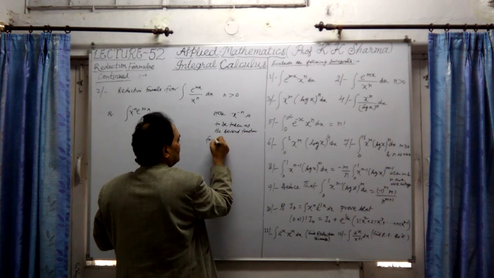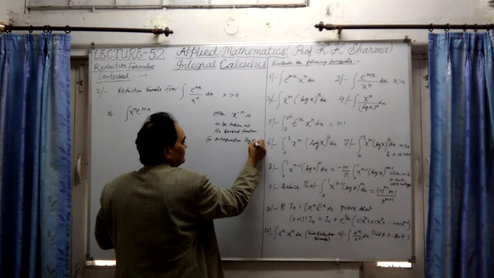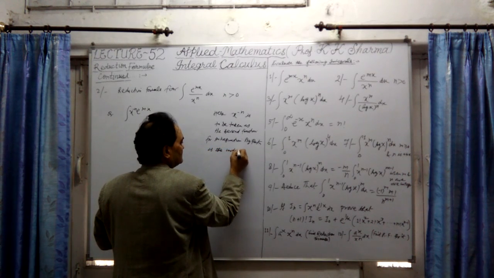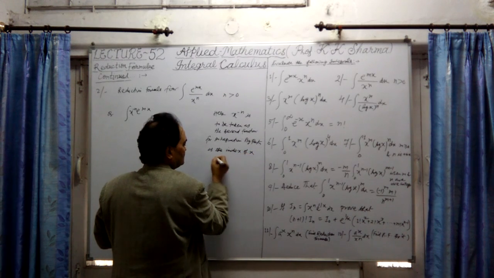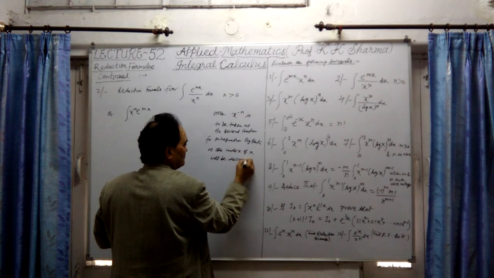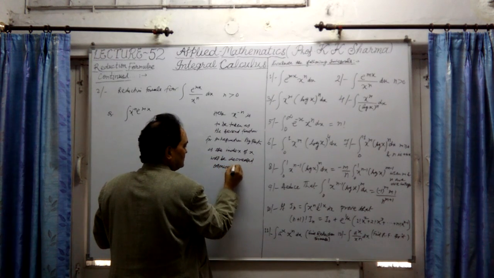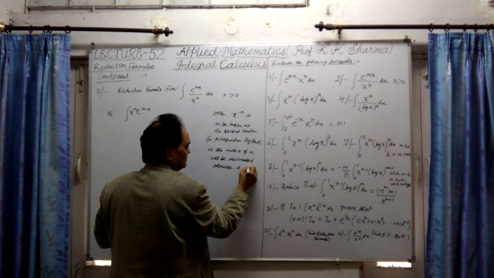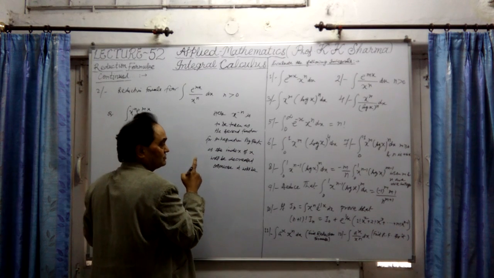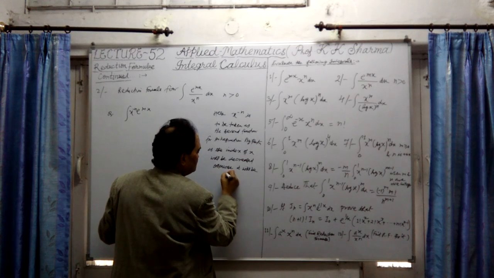For integration by parts, the index of x will be decreased when we take it as the second function, otherwise it will be increased.